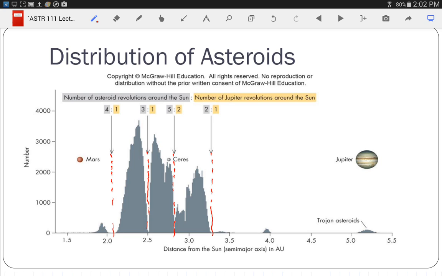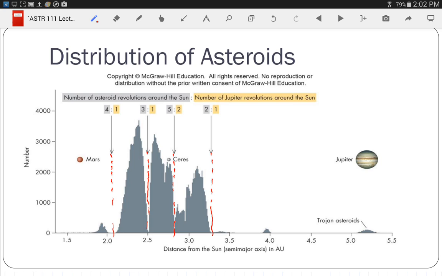Remember from Kepler's third law, we know that the period of rotation depends on the semi-major axis. And so these places that I've marked with my red lines, shown with numbers above, are the ratios of the periods of orbit between Jupiter and something that was orbiting in that location.